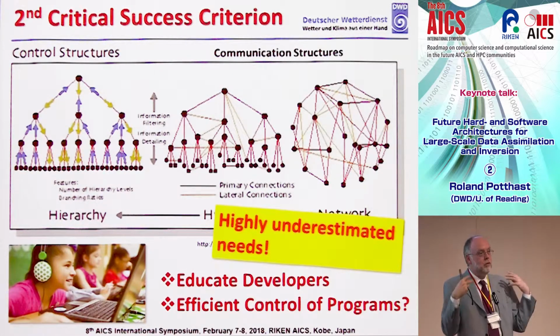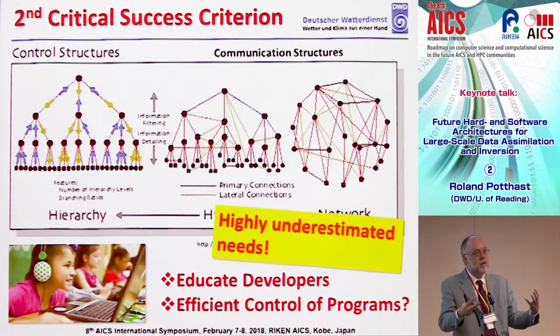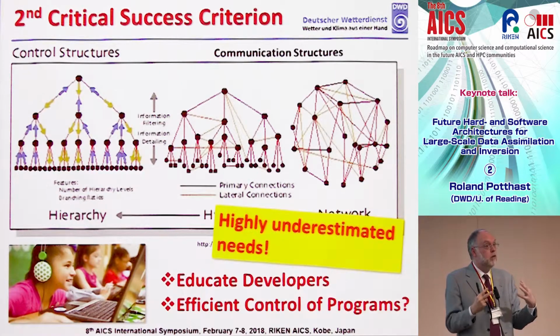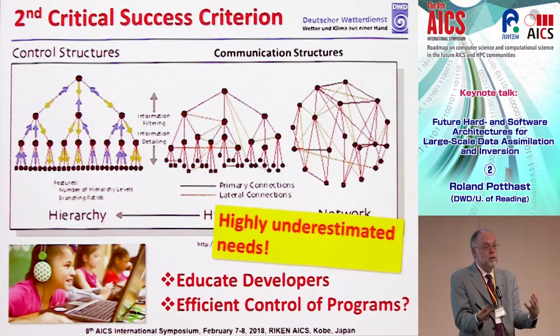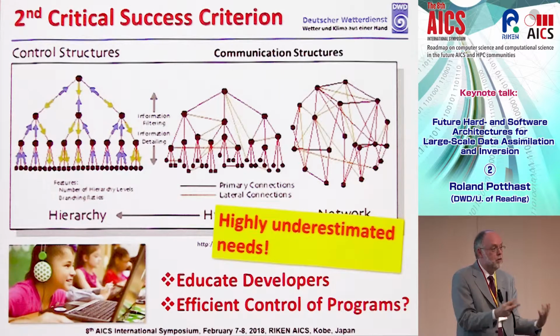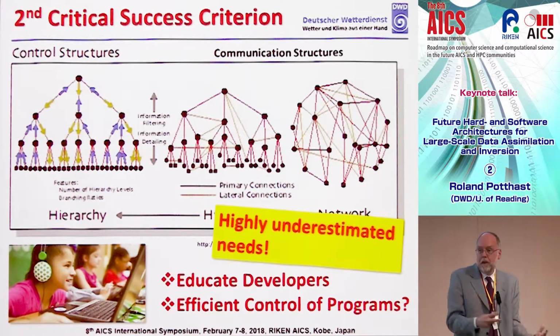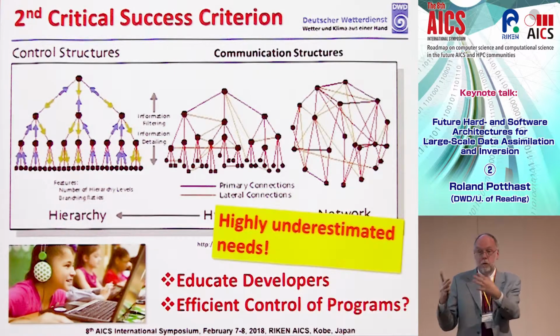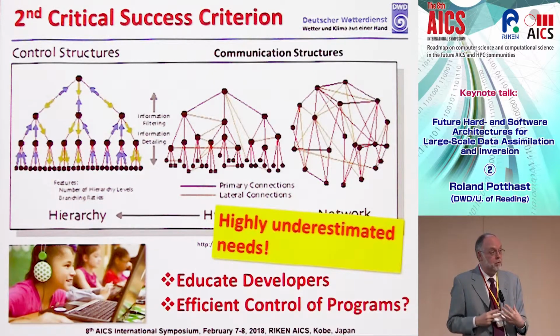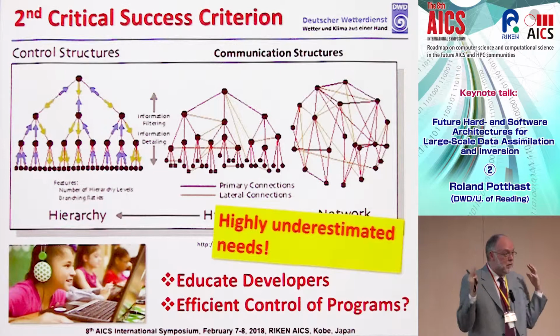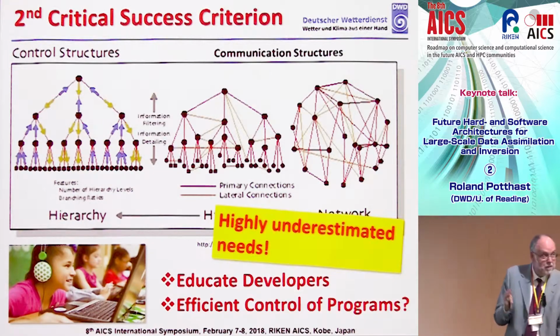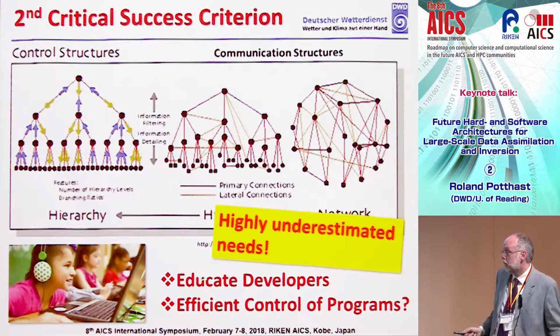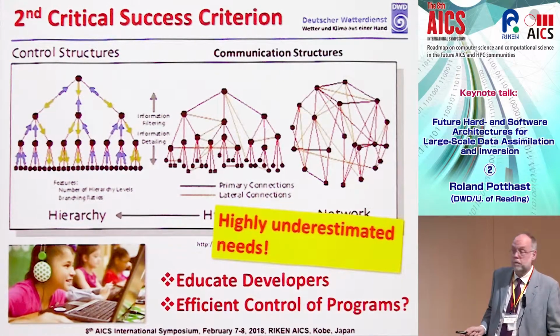What do you do? Do you go writing your models within a language which can be put onto GPUs immediately? Do you want to do this, or do you want to keep it in a basic Fortran type or C type programming language and then just convert it to something you can use on GPUs? There are a lot of questions here, and I believe you know them, but it's very, very important. And it's highly underestimated in general.